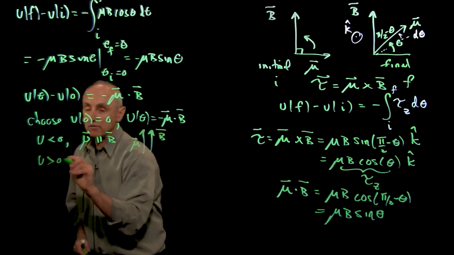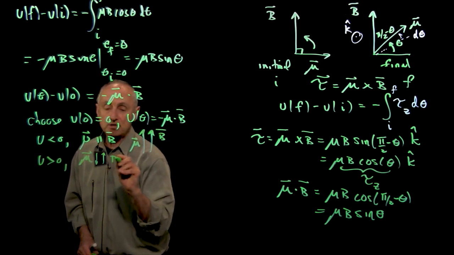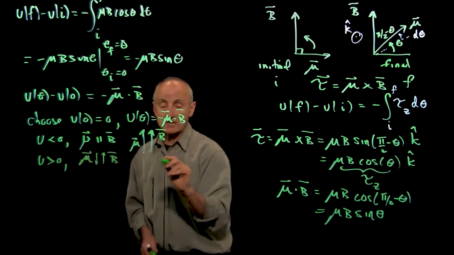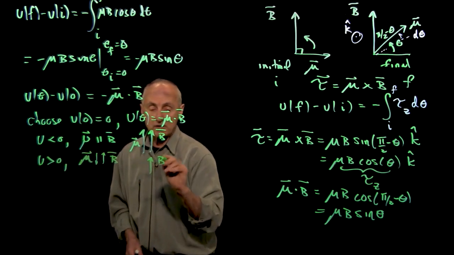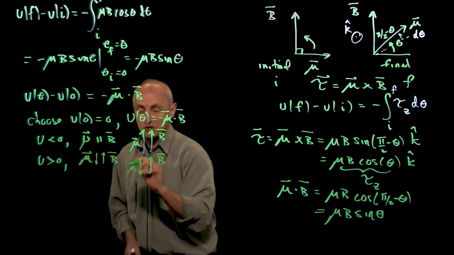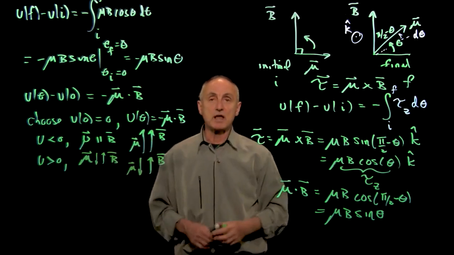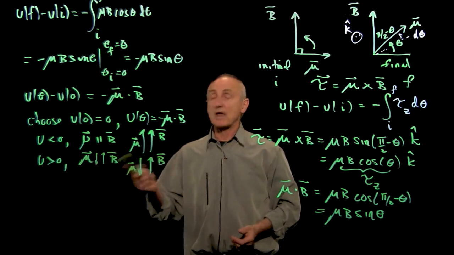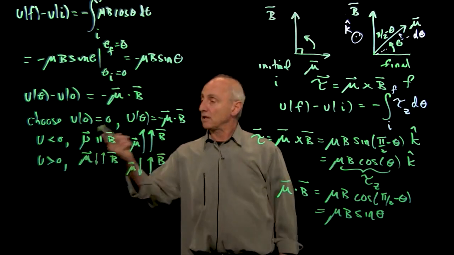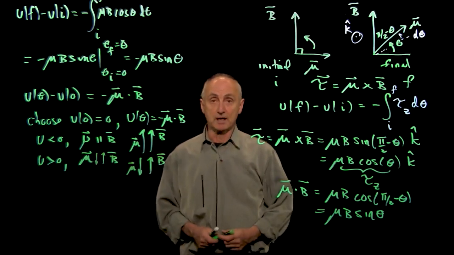U is positive and at its maximum when it's anti-parallel, and so that's the highest energy state. And this is why we say that a dipole will rotate so that it lines up with the magnetic field. That's its lowest potential energy state.